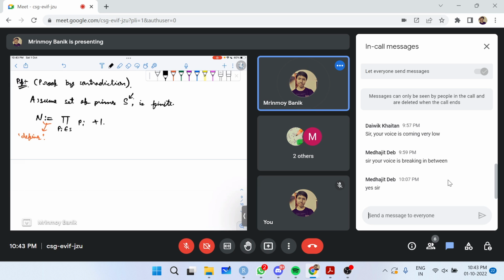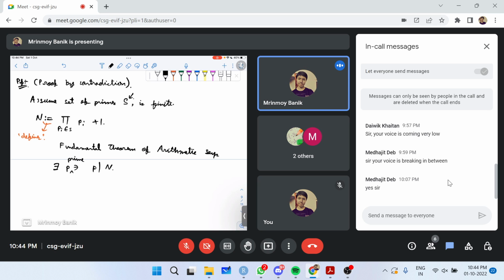So now let's use properties of divisibility to show this number N indeed has a new prime factor, which is different from all these p_i's. So let's find that. We have the fundamental theorem of arithmetic, which says there exists a prime factor p such that p divides N. Everything in this universe has prime factors.